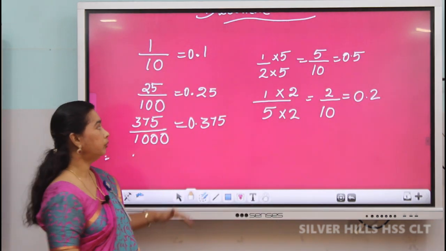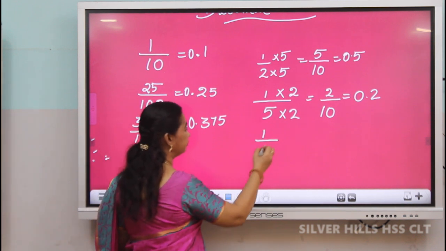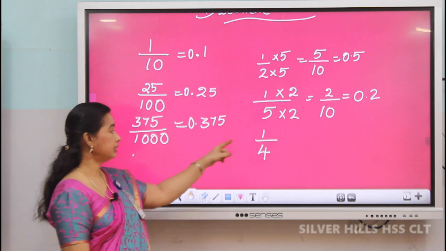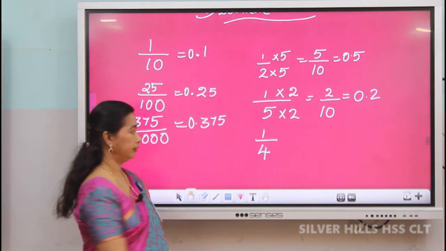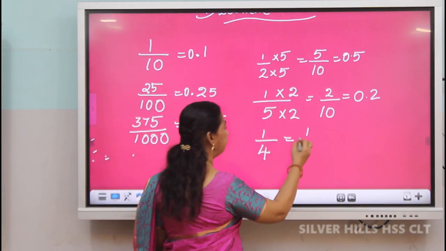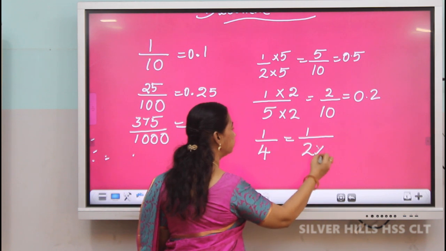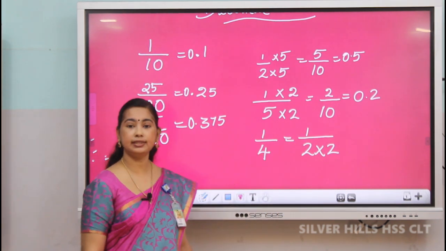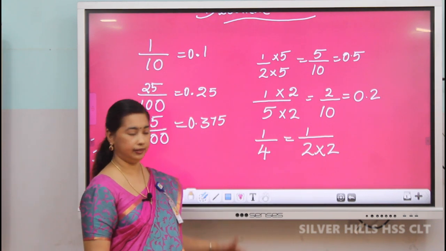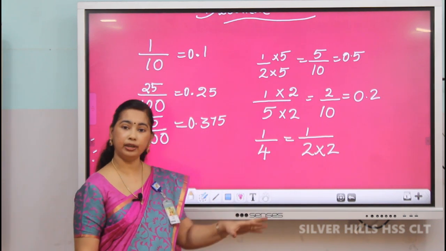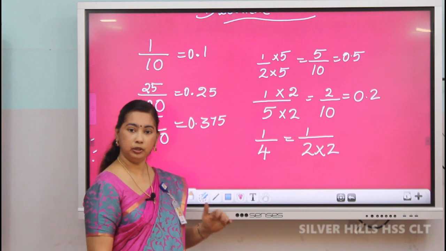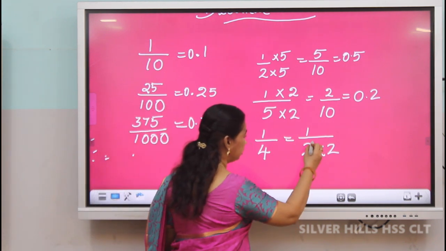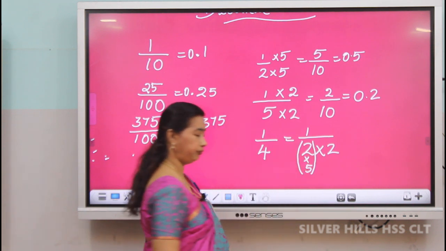Now, moving on to 1 by 4. 4 can be factorized. That is, I can write it as 1 by 2 into 2. Here also, I can make it as 10. How can I make it as 10? I have to supply a 5 for this 2, so that I can make a pair of 10.